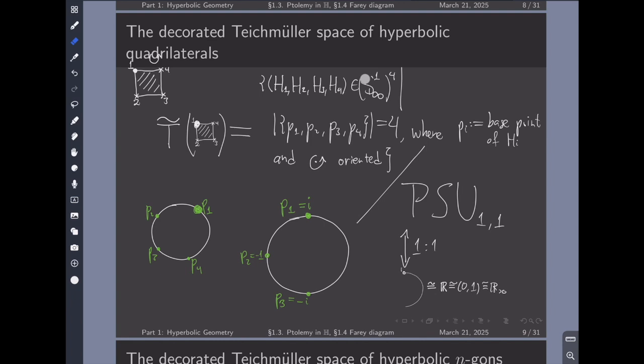Now here the base points live in the circle at infinity, but these ones are horocycles.